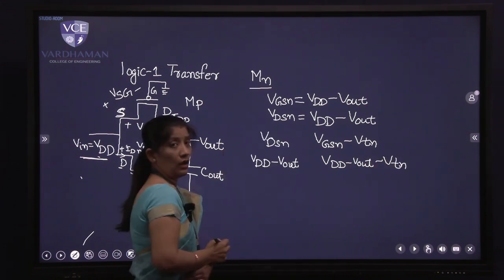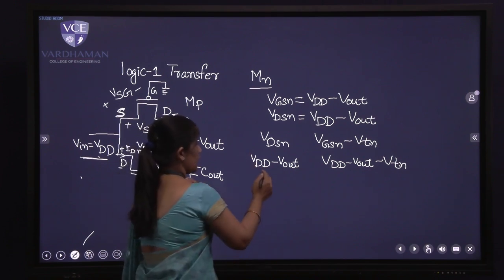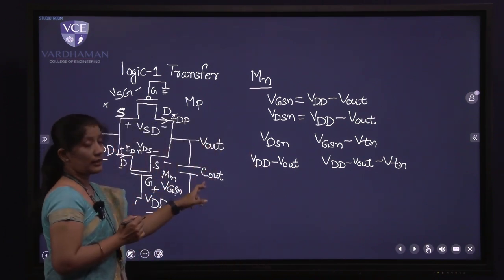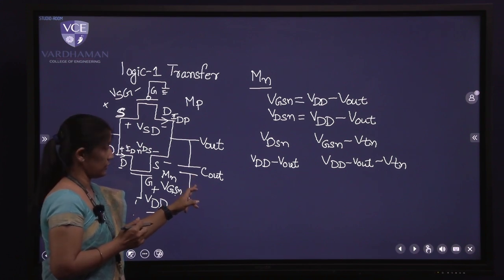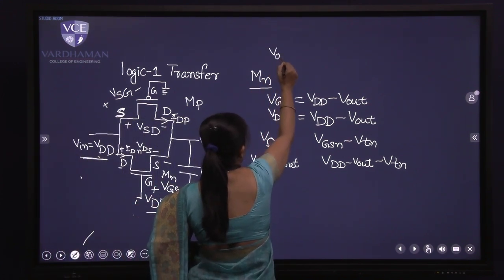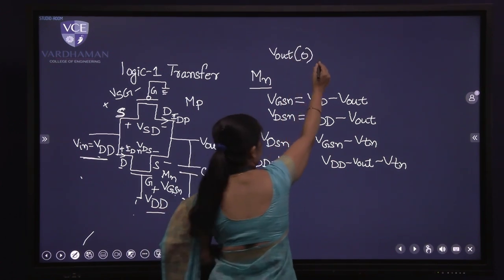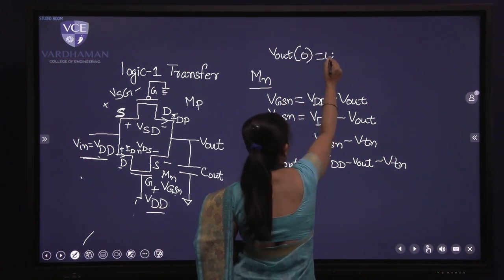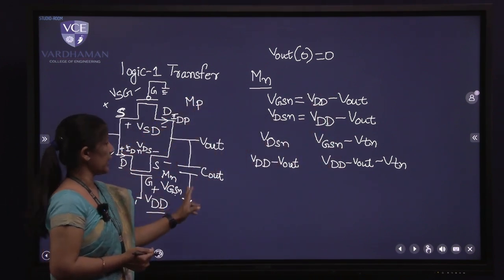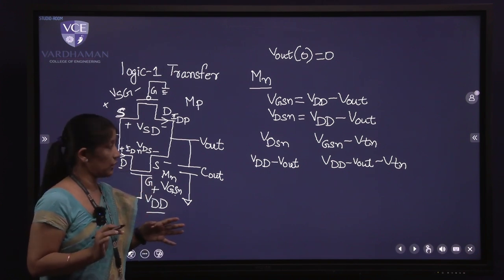Now from here, if you see the conditions, Vout is the voltage obtained across the capacitor. Because I am taking it as the charging part, the initial voltage across the capacitor I'll write as 0, because I'm transferring logic 1. So initially I'll assume that the capacitor voltage is 0. Slowly it is rising to a voltage of VDD.